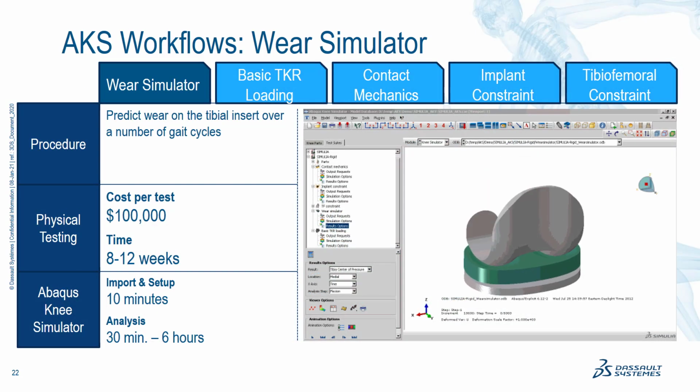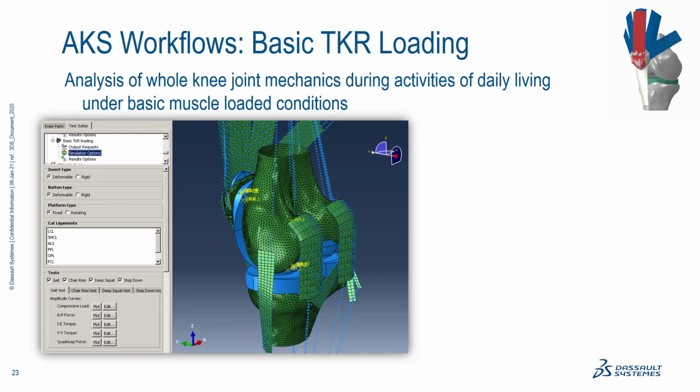And here you can see that the cost for the test is very expensive. We are talking about $100,000 and a lot of time, because a lot of cycles are involved, so it can take up to 12 weeks for completion. Instead, in the Abaqus knee simulator, we can do it in up to 6 hours.